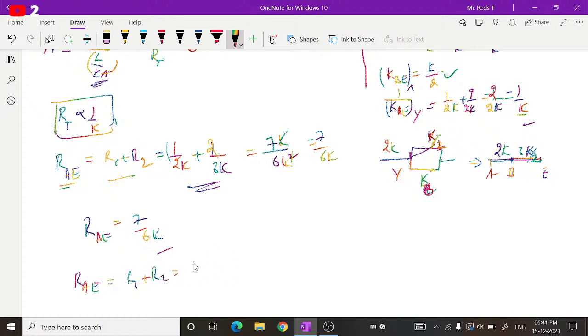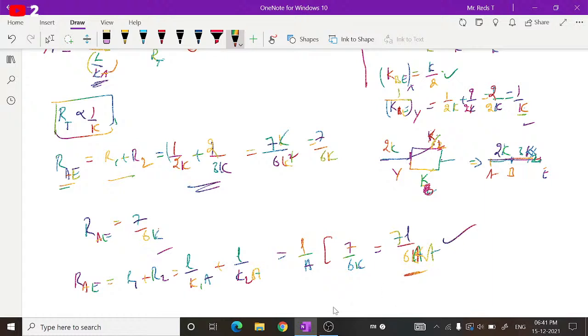R1 is L by K1A plus L by K2A. If you take L by A common, whatever you get is that 7 by 6k. So it is 7L by 6KA.